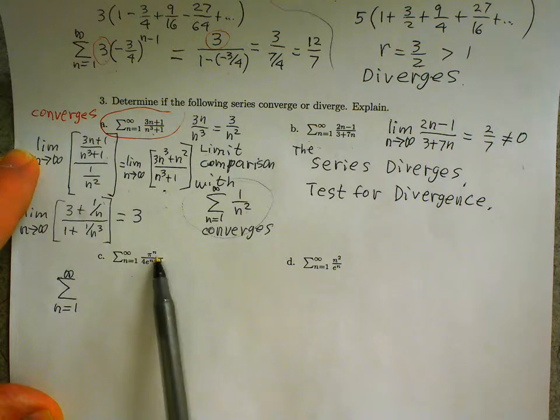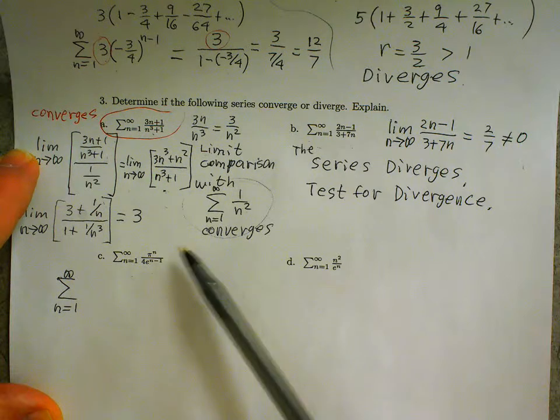the denominator has e to the n minus 1. The numerator has pi to the n.